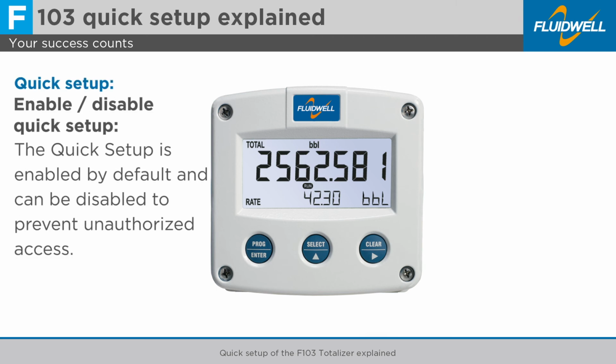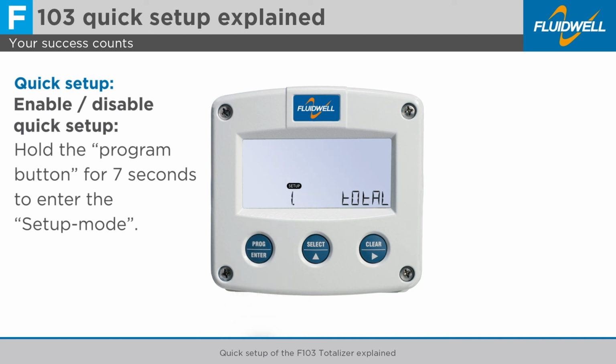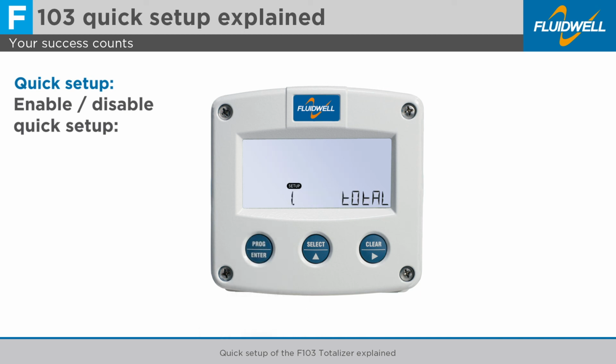The Quick Setup is enabled by default and can be disabled to prevent unauthorized access. To disable the Quick Setup, hold the Program button for 7 seconds to enter the Setup mode. Menu 1 Total appears. You can use the Prog, Clear and Select buttons to navigate through the menus.